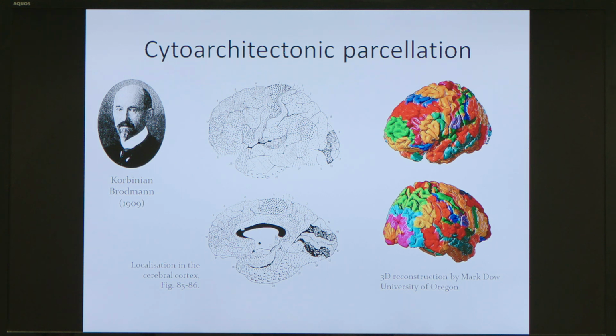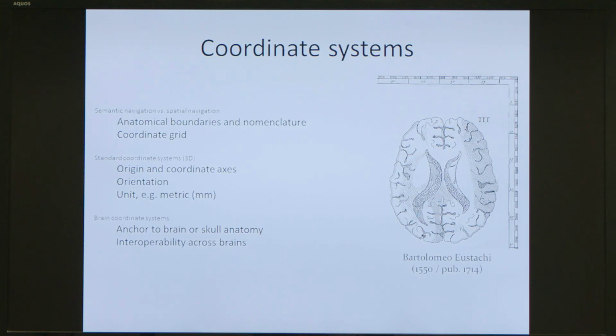In order to navigate this, you need coordinate systems. So this was already available many hundred years ago. You had plates with rulers allowing you to say, well, this is so and so far from this and that position. A coordinate system requires that you have some sort of coordinate grid.